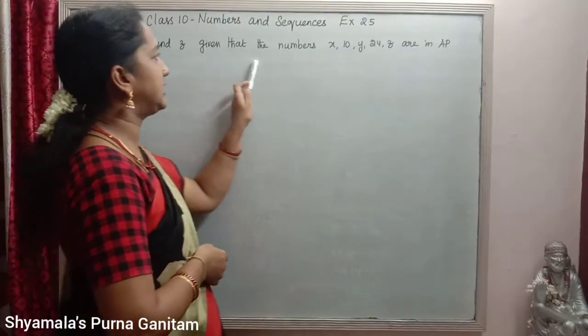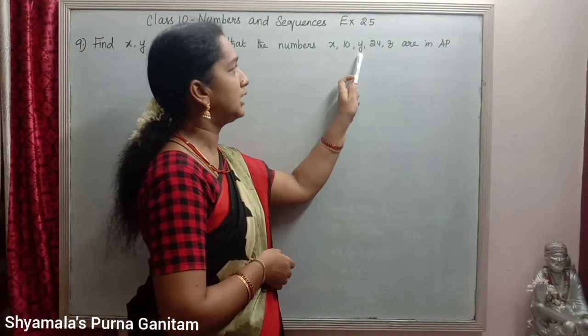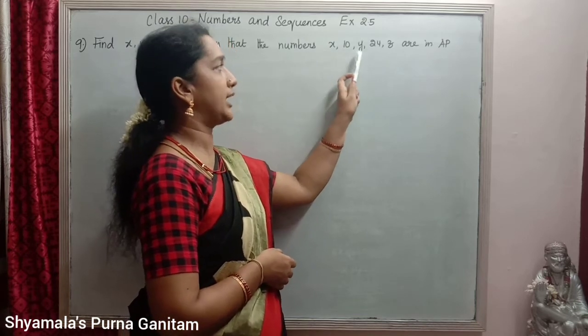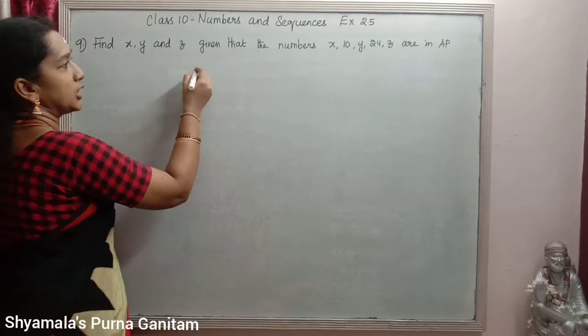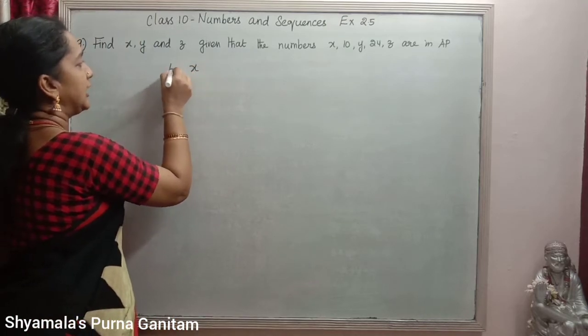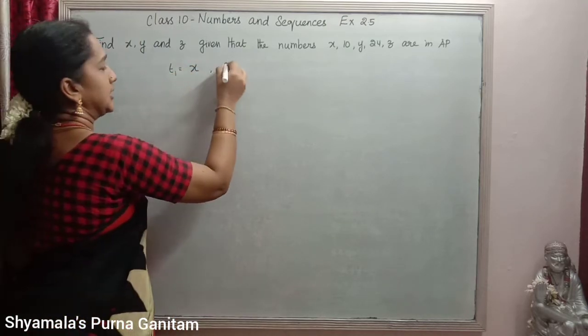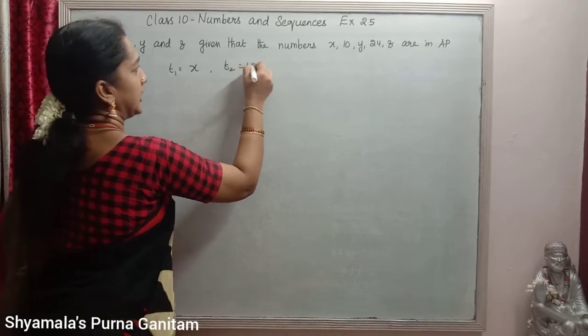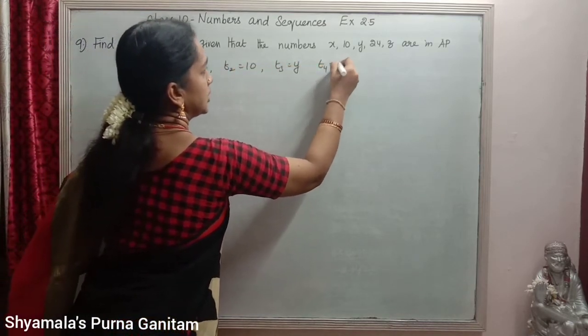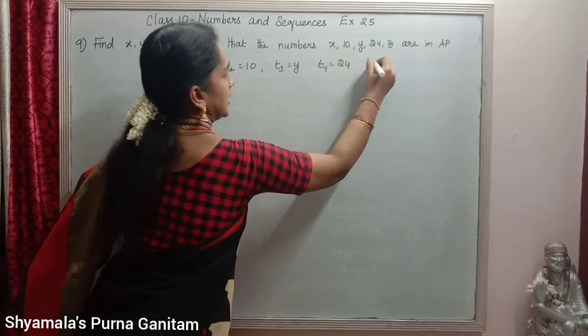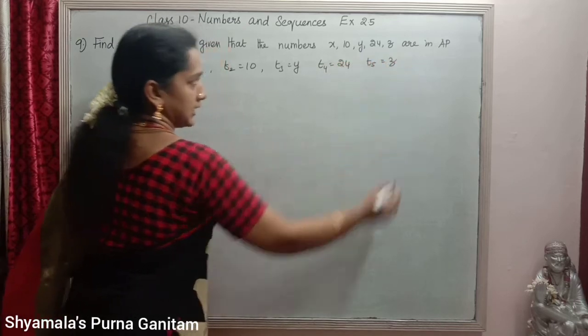Find x, y and z, given that the numbers x, 10, y, 24, z are in AP. So the given terms are in AP, it is given. So T1 is equal to x, T2 is equal to 10, T3 is equal to y, T4 is equal to 24, T5 is equal to z.